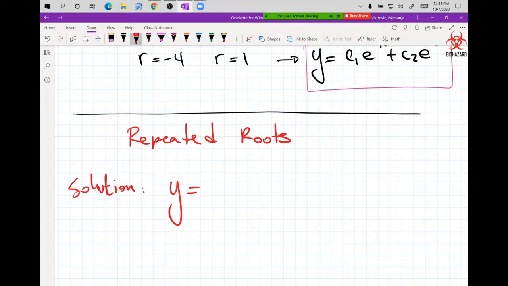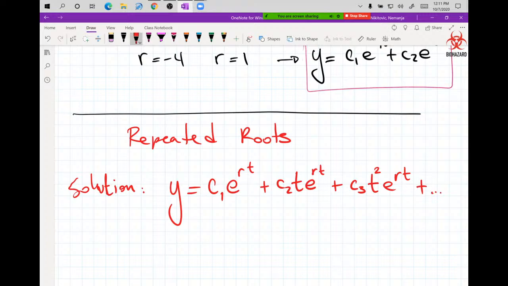Y equals C1 e to the rt plus C2 t e to the rt plus C3 t squared e to the rt, and so on, because you have your t to the 0, which is 1, and then t to the first power, t squared, t cubed, t to the fourth, and so on.